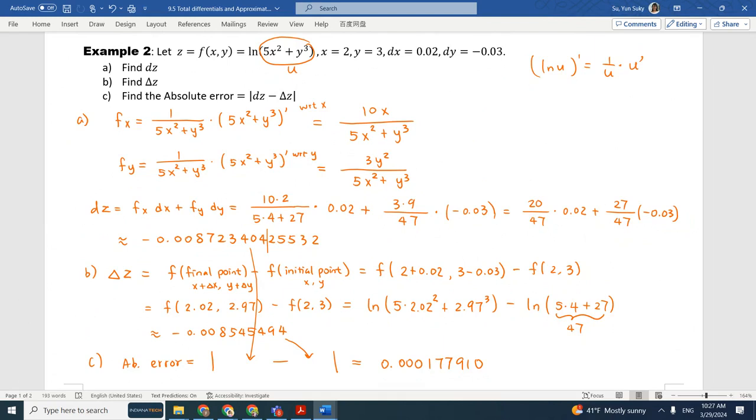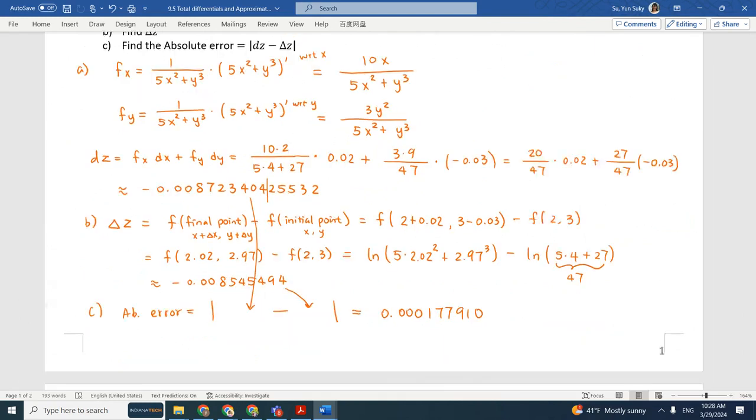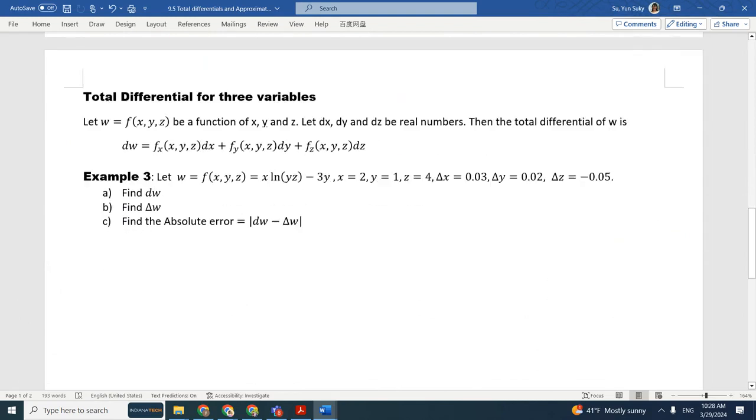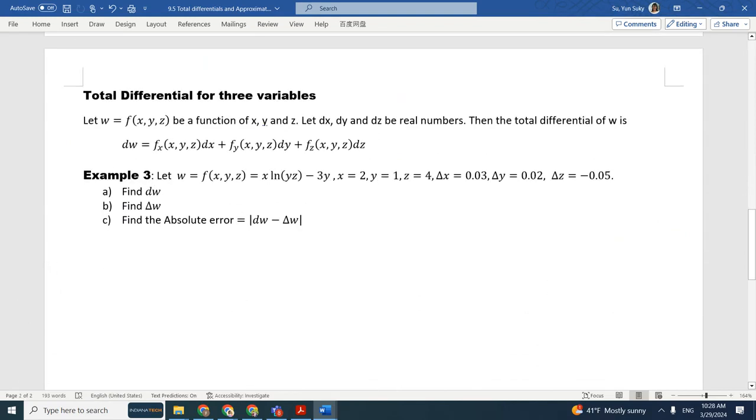No, you just put the points into the original function. Now, how about a function of three variables? Then you have fx dx plus fy dy plus fz dz. Just extend one more dimension, but everything works similarly.